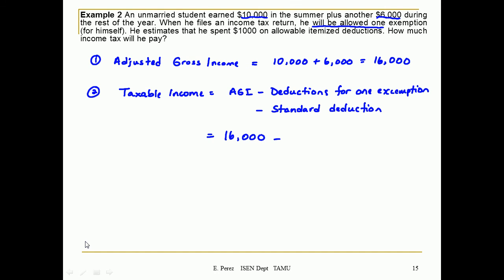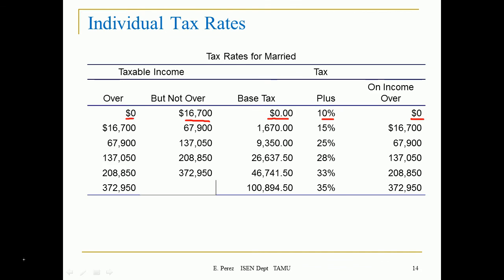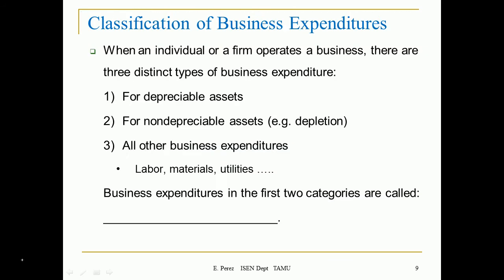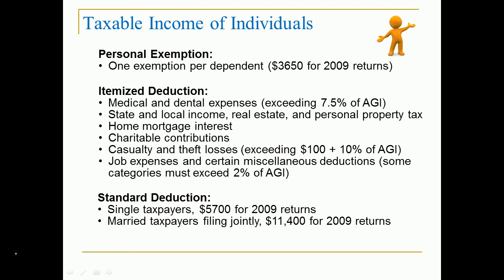So if you go back to one of the tables I showed you in class, for one exemption, this is the amount that was allowed for 2009, and also for the standard deduction, this is the amount. So we're going to use those two amounts to get our taxable income.